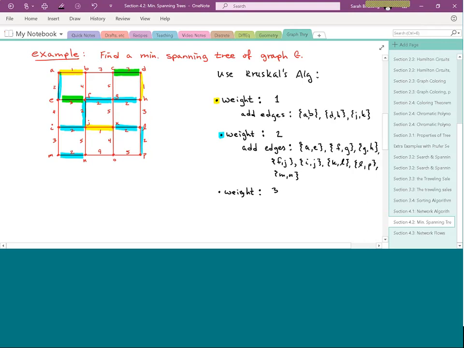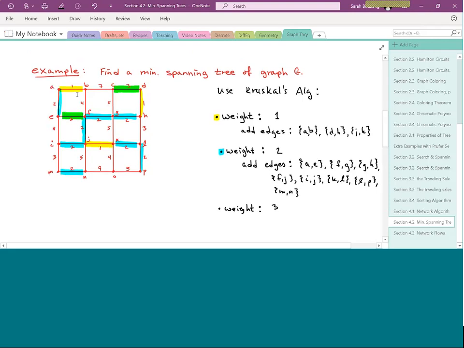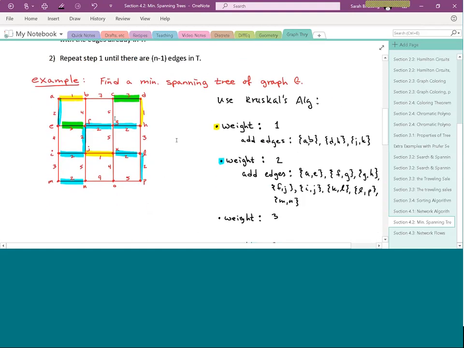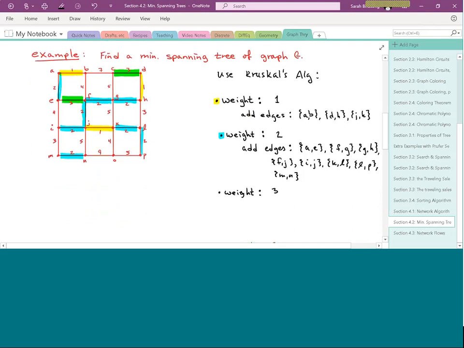Now, watch out. This one, we are going to have to worry about closing circuits. Notice CD here did not close a circuit. EF did not close a circuit. But the next length 3 edge, or weight 3 edge, would be HL. Can we actually throw HL into our spanning tree? Correct.